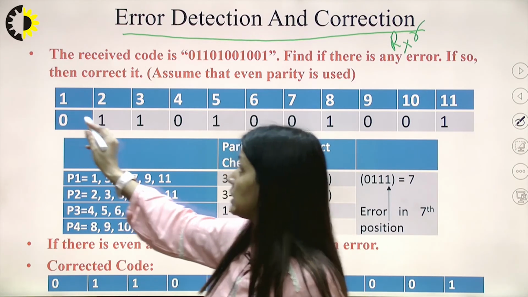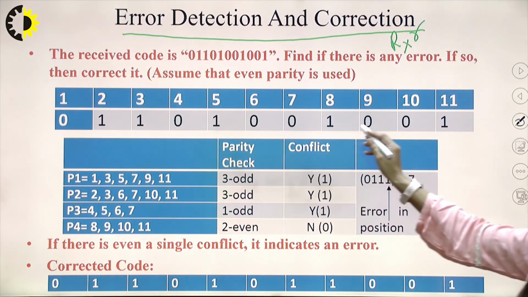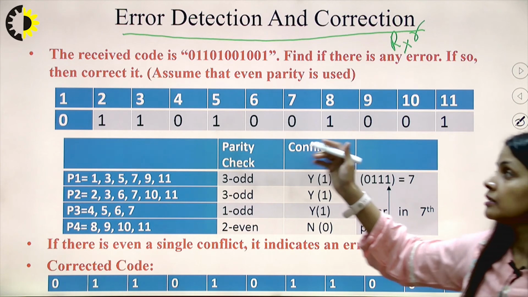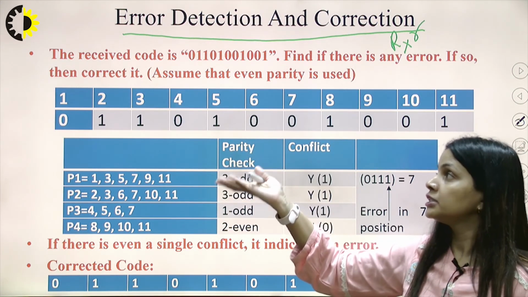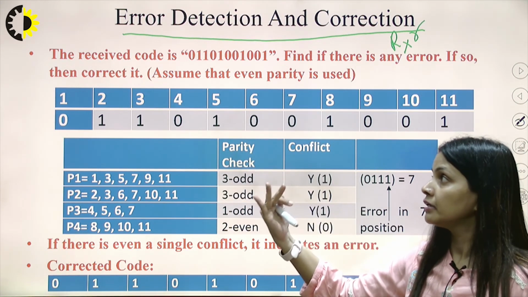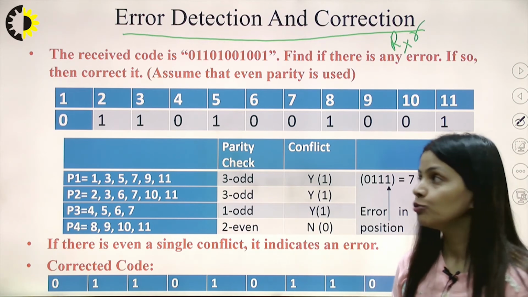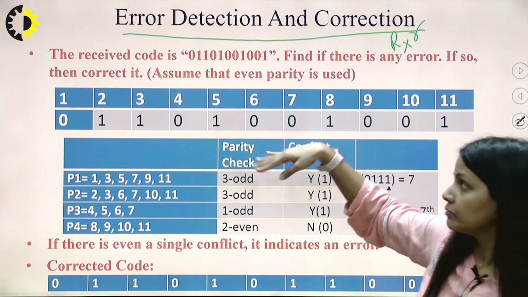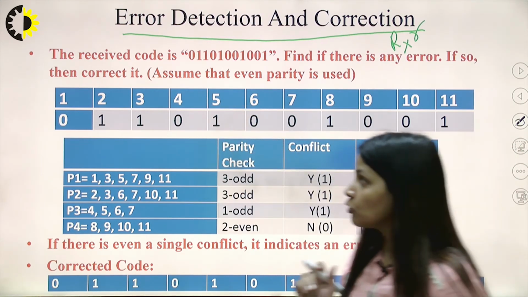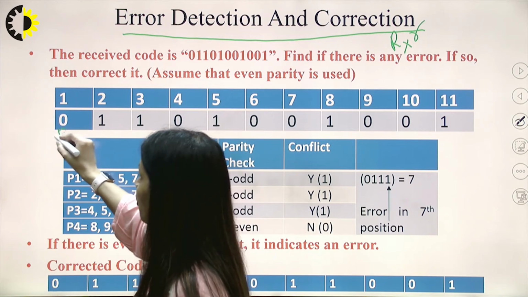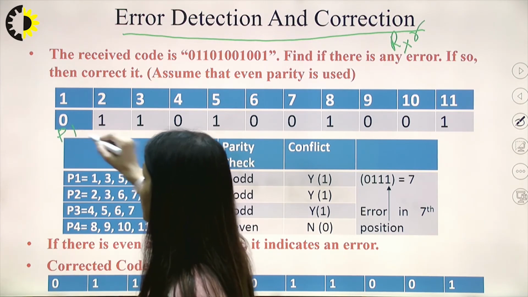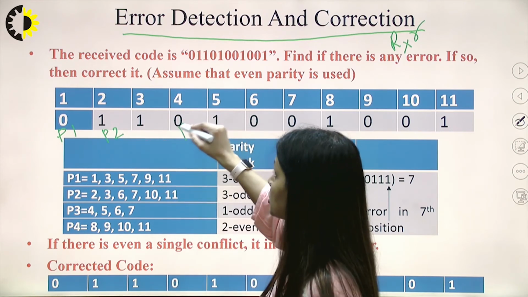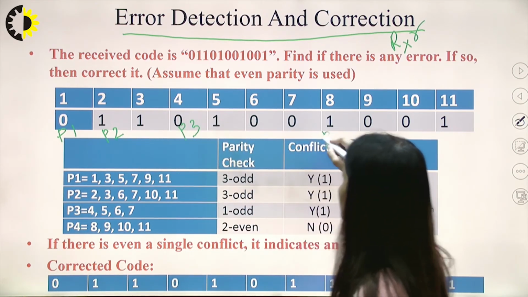Thus this data is written and it is received by the receiver, and the receiver will put this data as it is. Now the receiver knows that here is the location of my P1, this is the location of P2, this is the location of P3, and this is the location of P4.